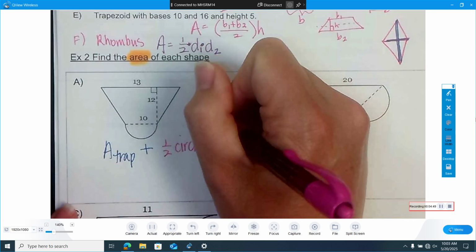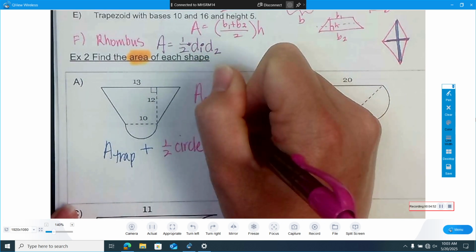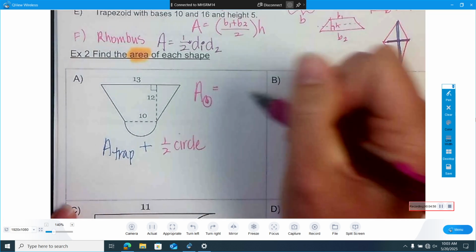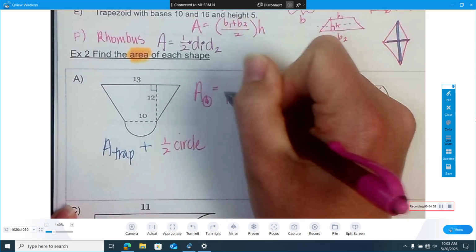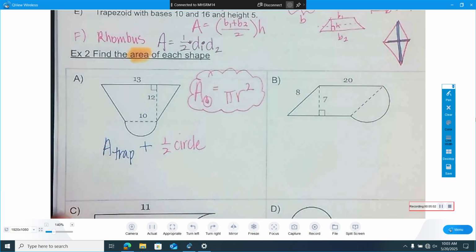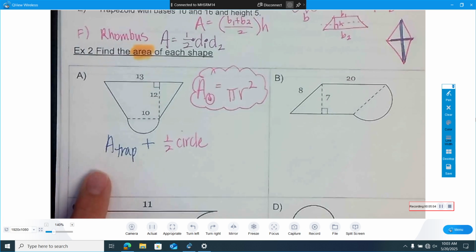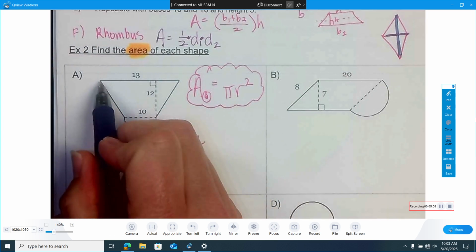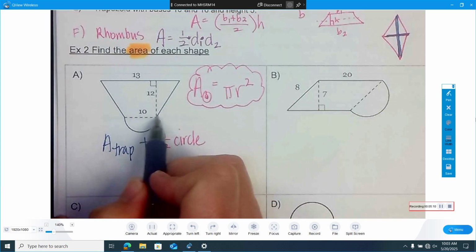What is the area formula for a circle? Pi r squared. Area of a circle is pi r squared. Okay, the area of the trapezoid is the sum of the bases over 2 times the height.